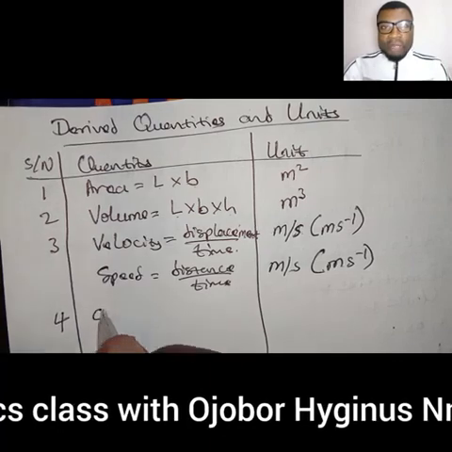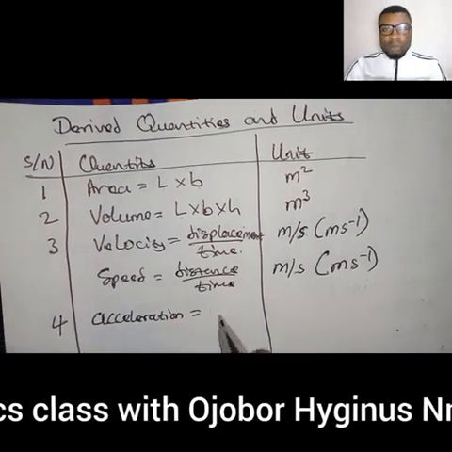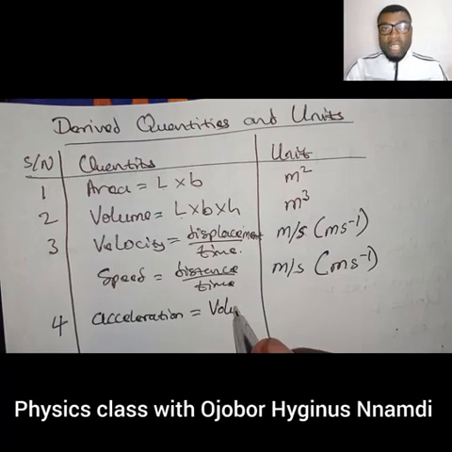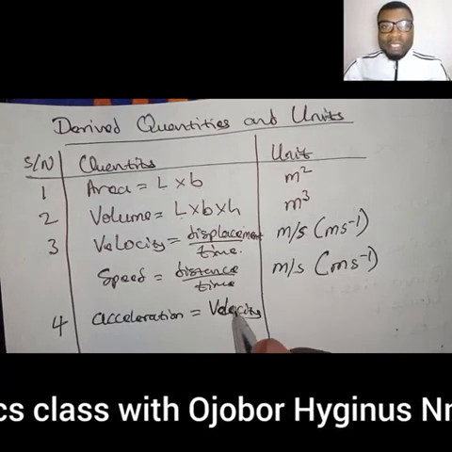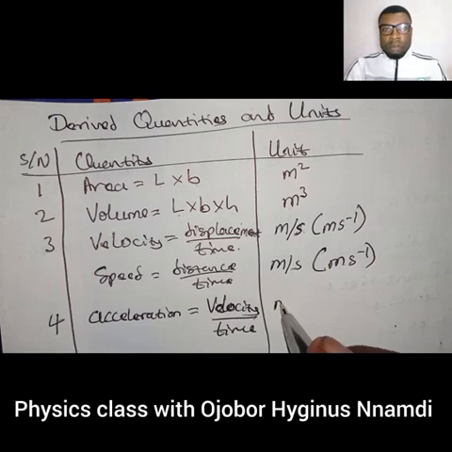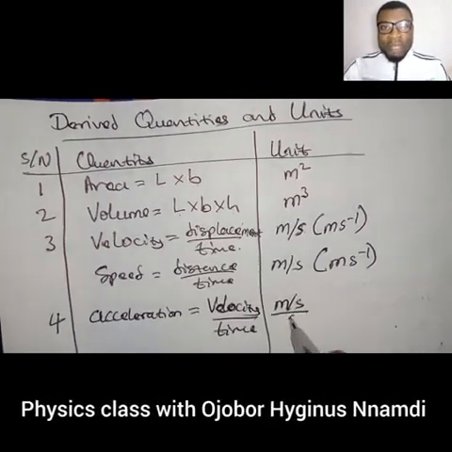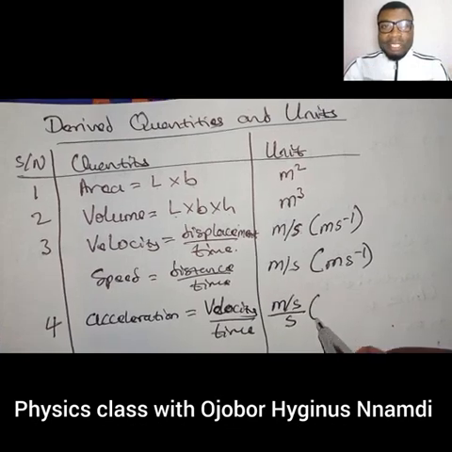If you look at acceleration, it is a derived quantity which is defined by velocity all over time. It is the change in velocity per unit time. So if you say velocity over time, velocity we have seen is meters over second. Then divide it by time, over second. That will give us what?